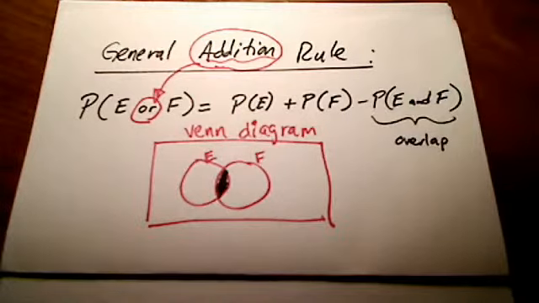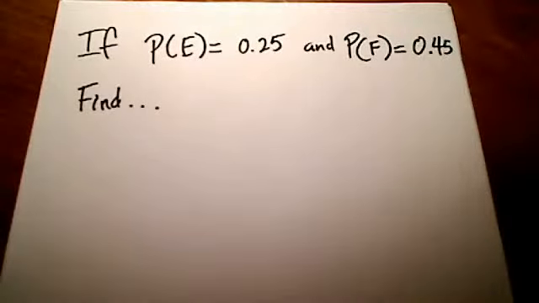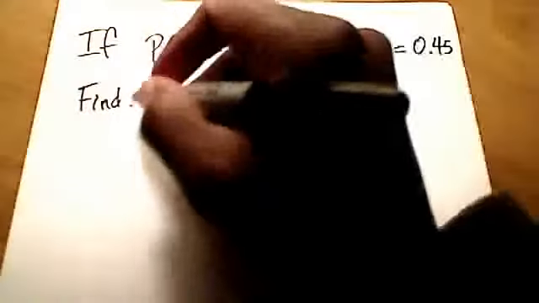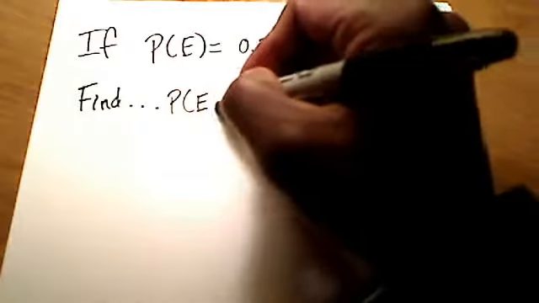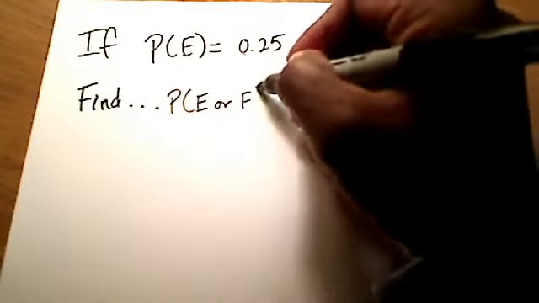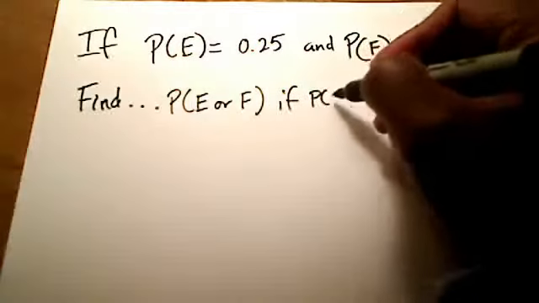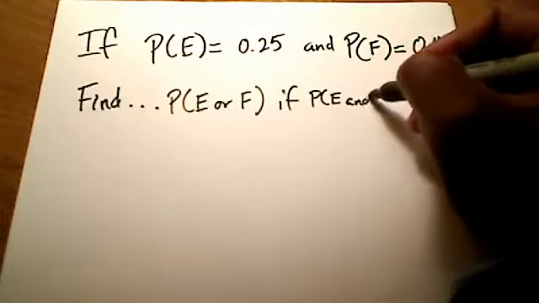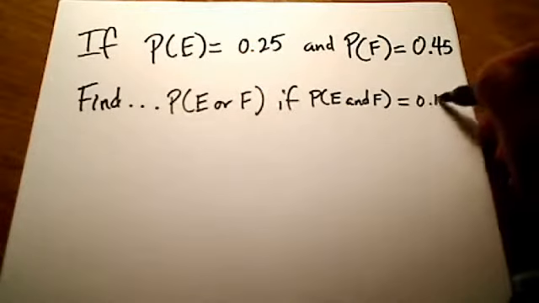Now that we know the addition rule, let's try to find this first example here. Let's find the probability of E or F if we know that the probability of E and F is equal to 0.15.